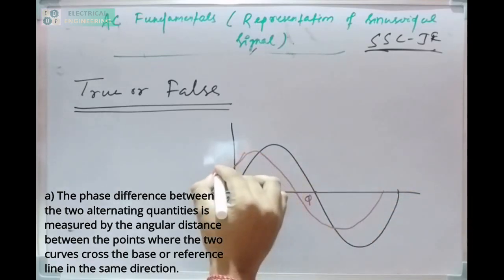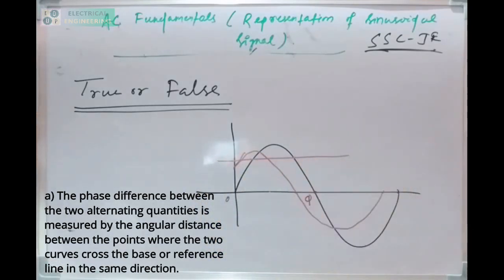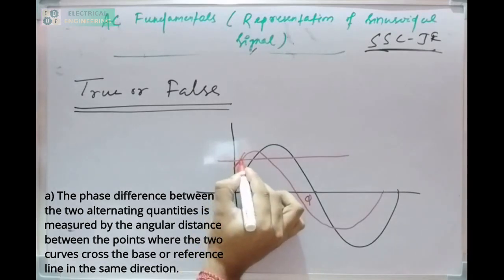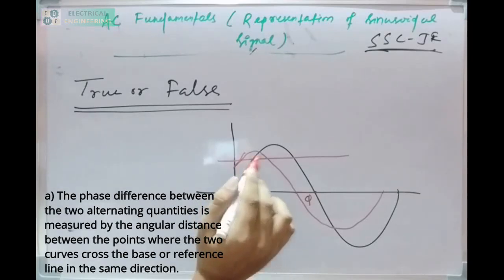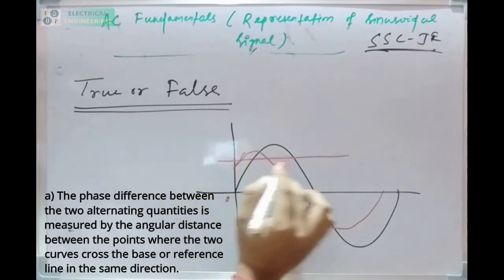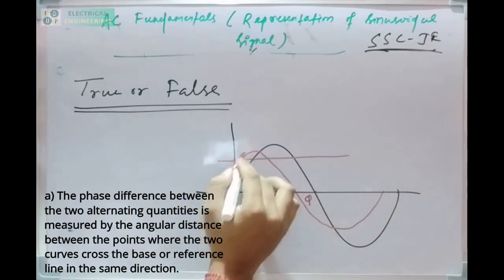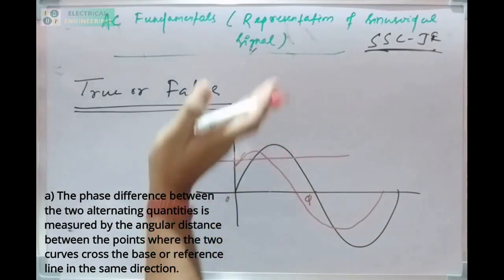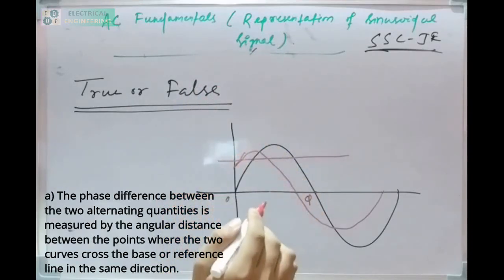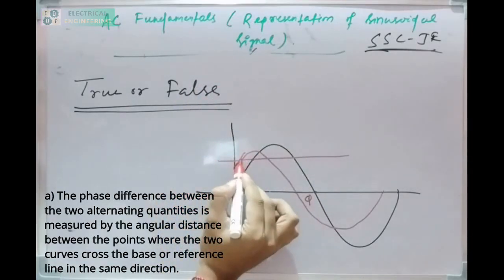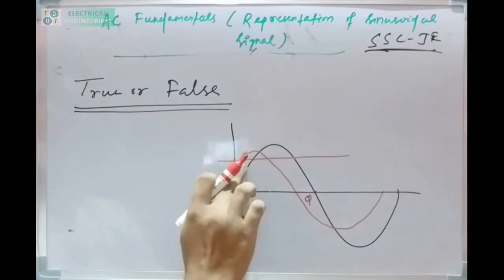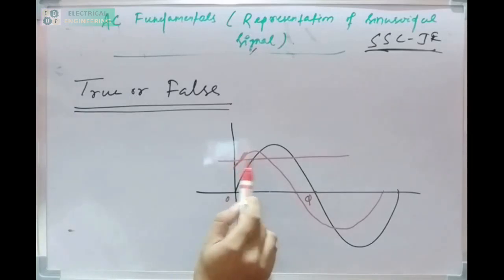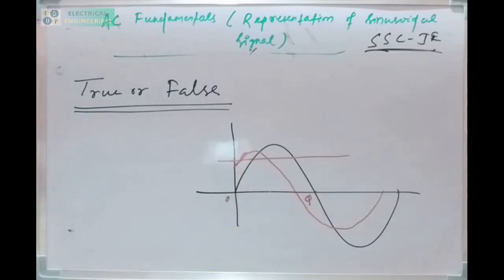If I draw a line here, you can see this point and this point. The difference between these two phases will give you the phase difference because they are crossing the same reference line and going towards the positive direction, towards the peak. At that time you can calculate the phase difference between the two. So the first statement is correct, it is true.